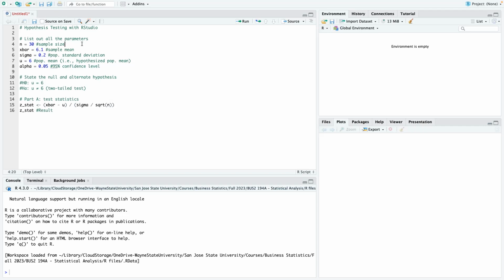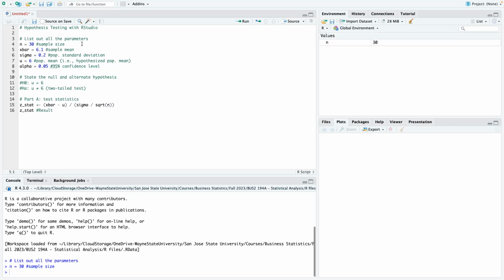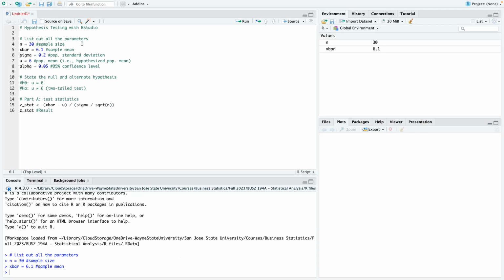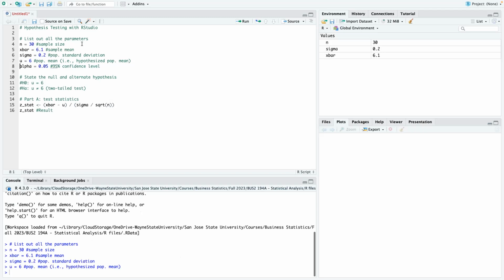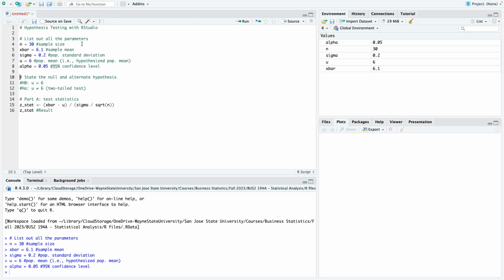So I am going to run my code from line number 4 all the way to line number 16. All right, so I have all my parameters loaded into R, and you can see them in the global environment.